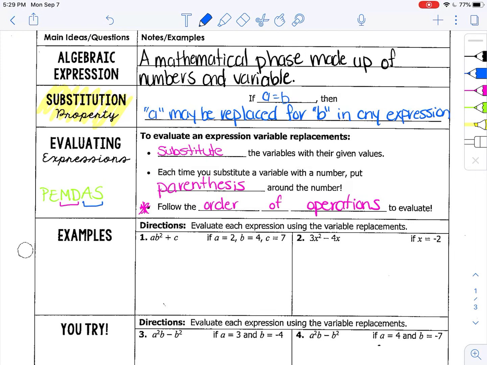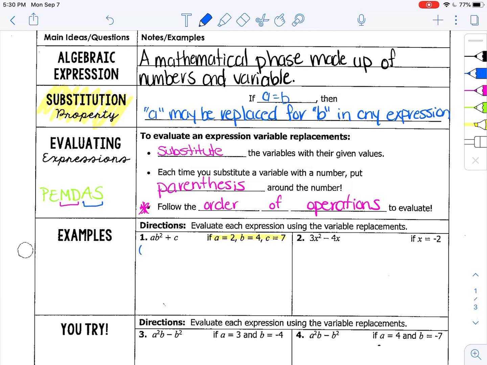Let's take a look at a few examples and practice evaluating expressions. Number 1, we are going to evaluate the expression AB squared plus C if we know that A equals 2, B equals 4, and C equals 7. So we're first going to substitute in the variables for their values, making sure that we put parentheses around each number we're substituting.